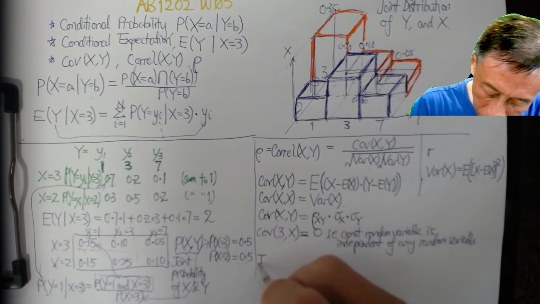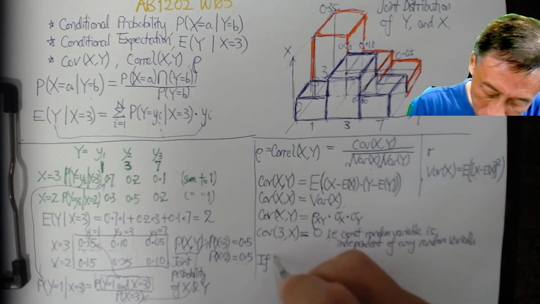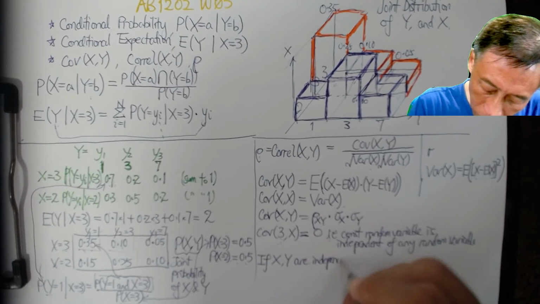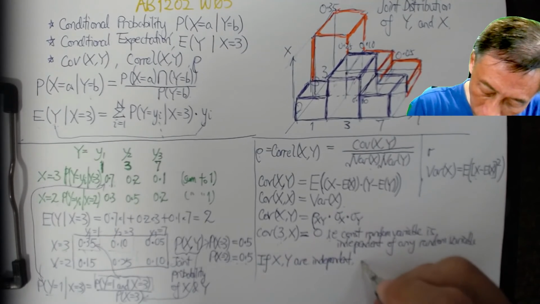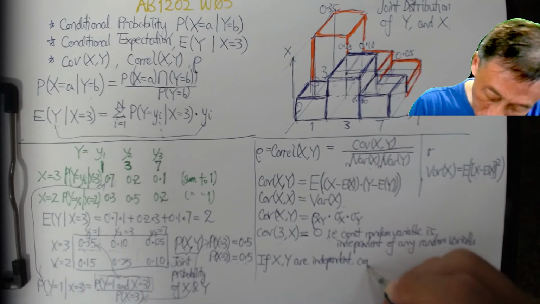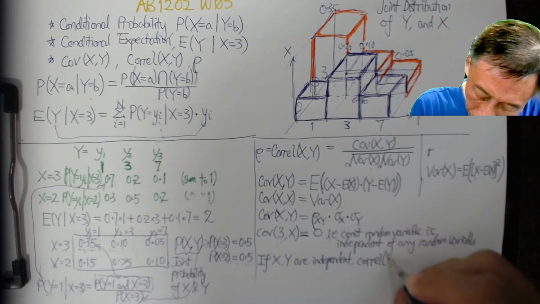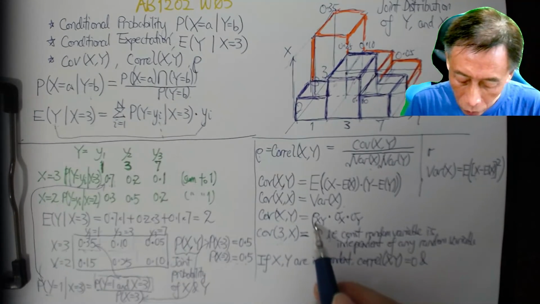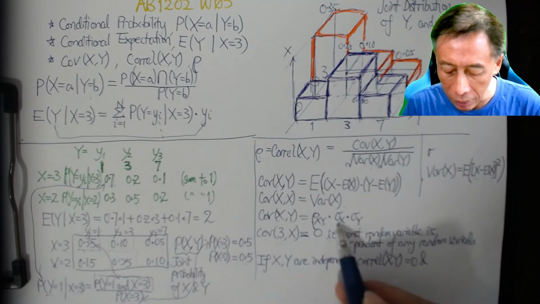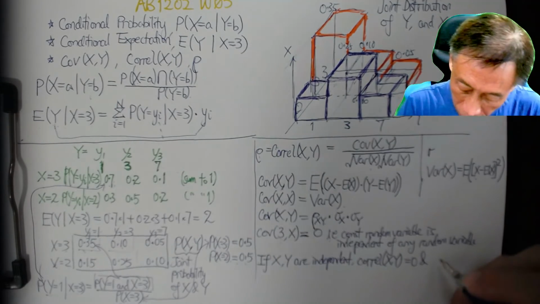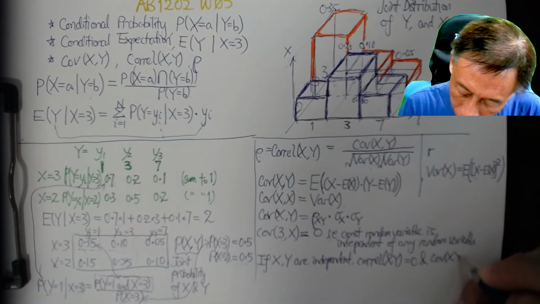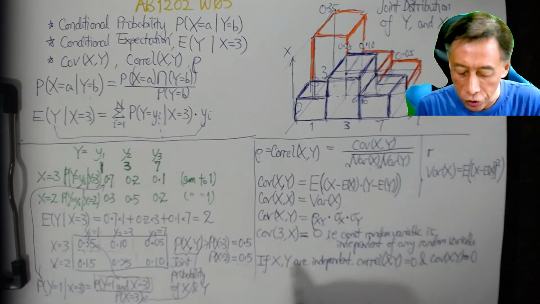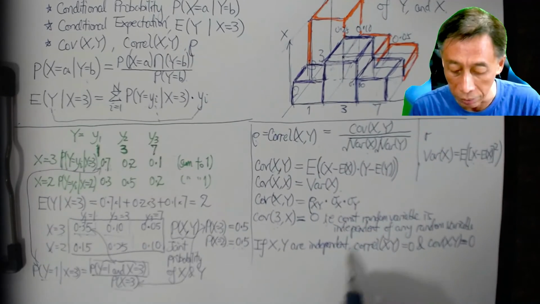Okay. Of course, we are making use of this relationship. If x and y are independent, correlation between them is equal to 0. And if rho xy is 0, and sigma x, sigma y are not 0, then definitely covariance has to be 0. The reverse in general is not necessarily true.